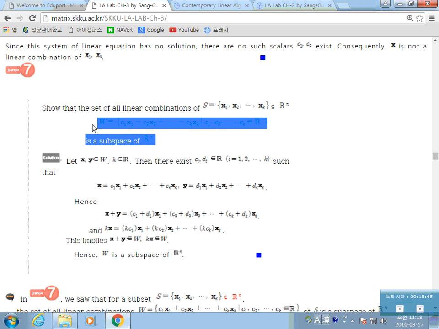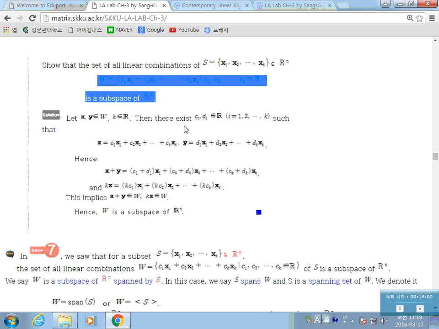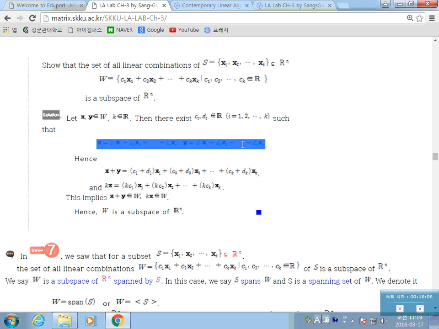We have to show this W satisfies two conditions: closed under vector addition first, and second, closed under scalar multiplication. So what we have to do is just choose arbitrary two vectors X and Y, and show X plus Y is in here, and KX is in W. That's all we have to do.